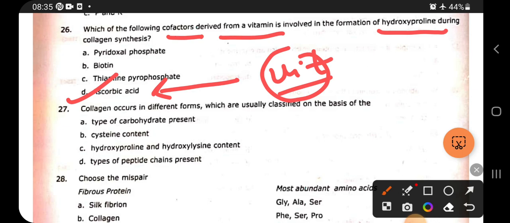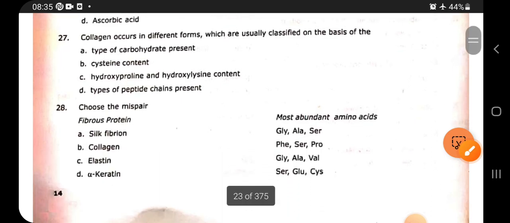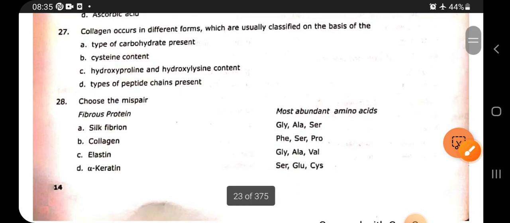Then comes 27th question. Collagen occurs in different forms which are usually described on the basis of A, type of carbohydrate present, B, cysteine content, C, hydroxyproline and hydroxylysine content, D, types of peptide chain present.